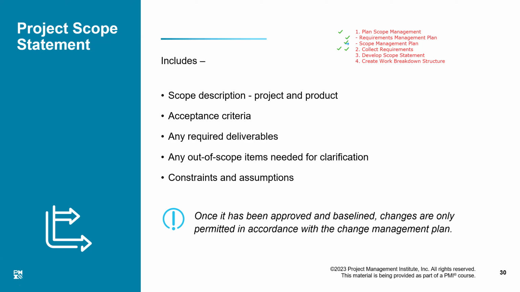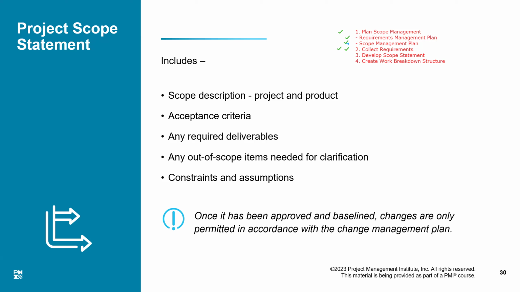As I had shown you already, what is the product scope and the project scope? Then there must be some acceptance criteria which will be followed during the monitoring and control when we are handing over those requirements to the customer. That is actually done through another process.